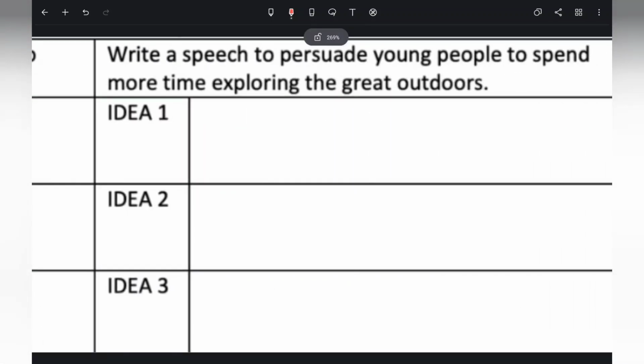And the last and final predicted question for GCSE English Language Paper 2 is to write a speech to persuade young people to spend more time exploring the great outdoors. Okay, so I feel like a lot of students will struggle with this one, but again, it requires a good plan.